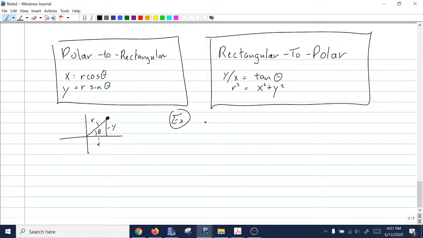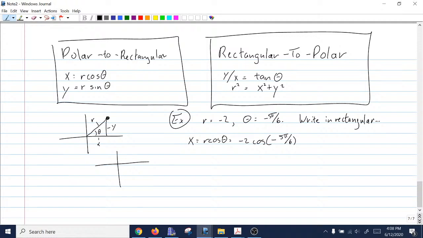If I hand you r equals negative 2, theta equals negative 5 pi over 6, and I say write this in rectangular, that's easy. I'm just sticking these points into this formula. X is going to be r cosine theta. That's negative 2 cosine negative 5 pi over 6. Oh geez, where's negative 5 pi over 6?